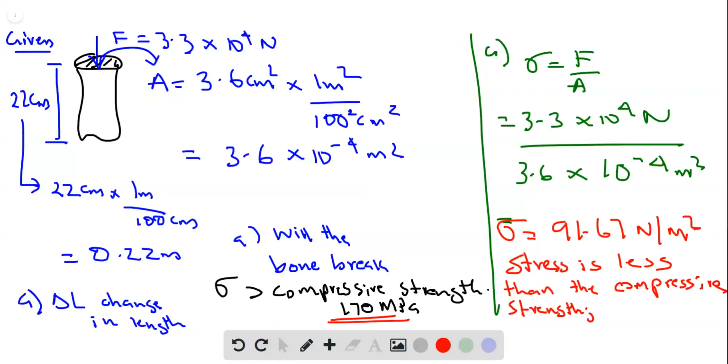So we'll say the bone does not break, because the force that's being applied is less than the compressive strength that the bone can take. So the bone itself doesn't cave in, it doesn't break.